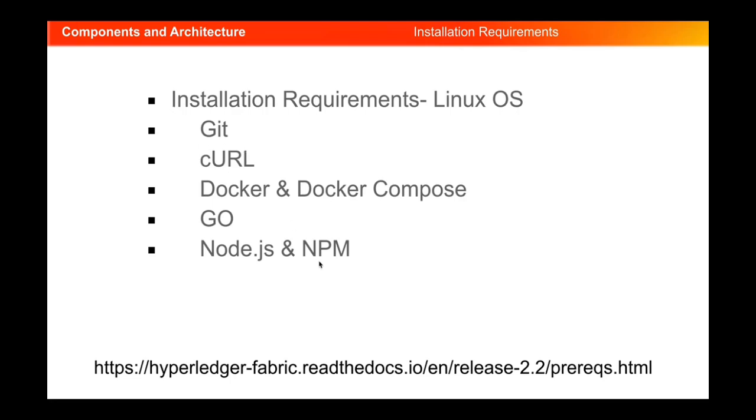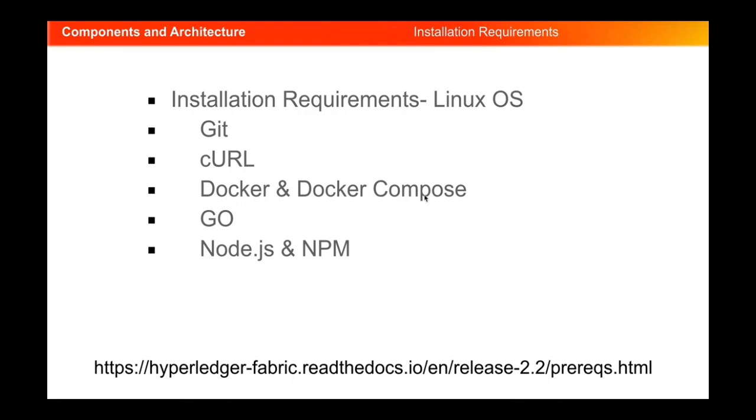So these are the lists of packages and software that you have to install for Hyperledger Fabric. Git is required, which is the repository from which we are going to get our Hyperledger Fabric base code, and CURL is required to get the repository from Git or get all the packages from Git.